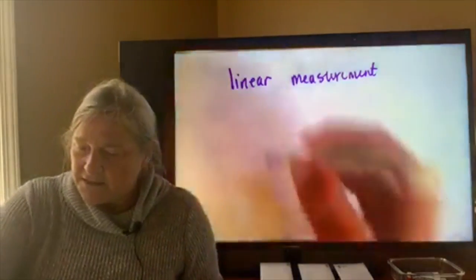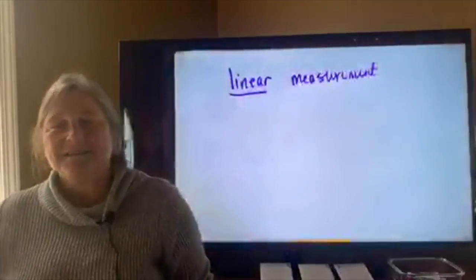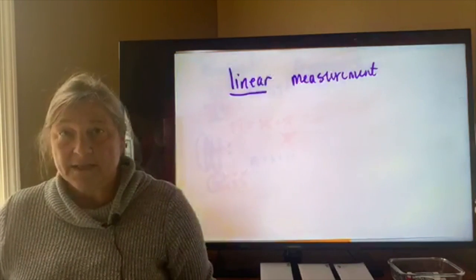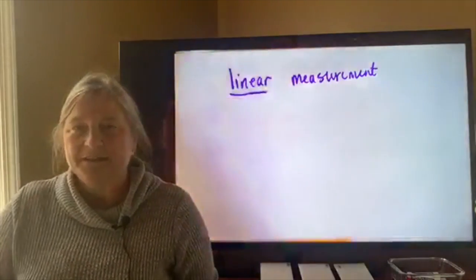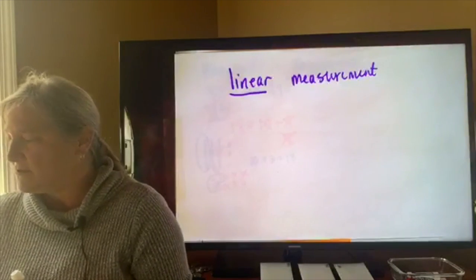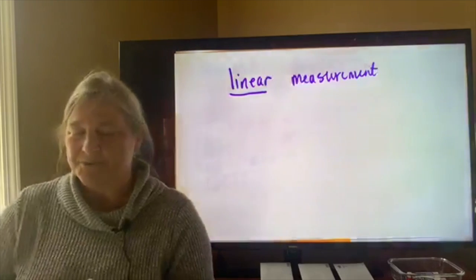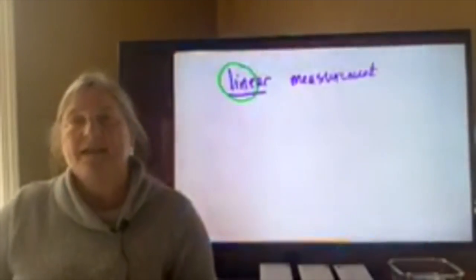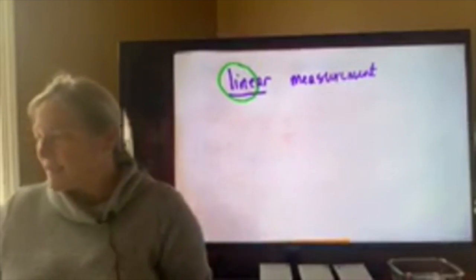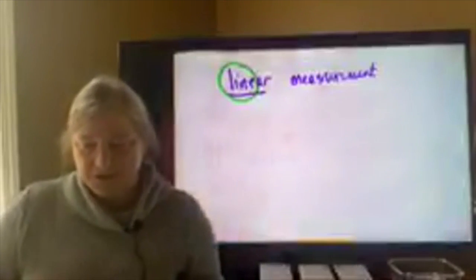Let's look at these words, because sometimes we get stuck on them, and if we think about other words we know that look like it, we can figure it out. What does linear mean? Right here we have the word line. If we can measure something in a line, then that's your linear measurement.